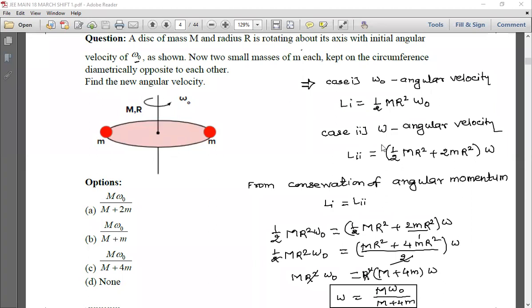This is your answer. So which option? C. So C is the correct option. Okay. Clear? Check your answers.